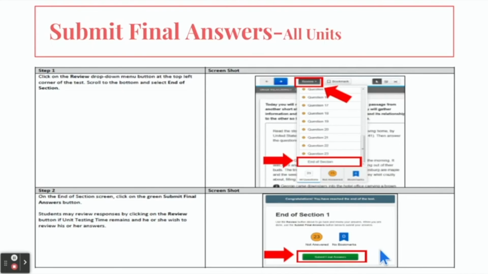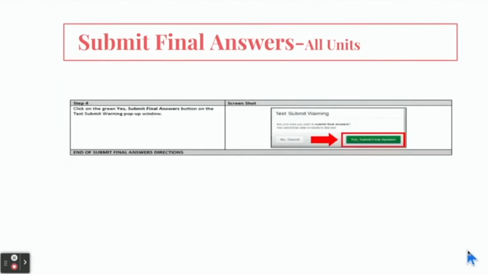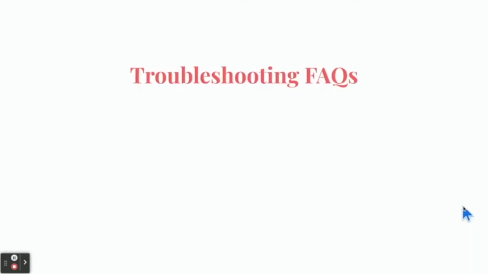Students may review responses by clicking on the Review button if unit testing time remains and he or she wishes to review his or her answers. Step 4. Click on the green Yes, Submit Final Answers button on the Test Submit Warning pop-up window.